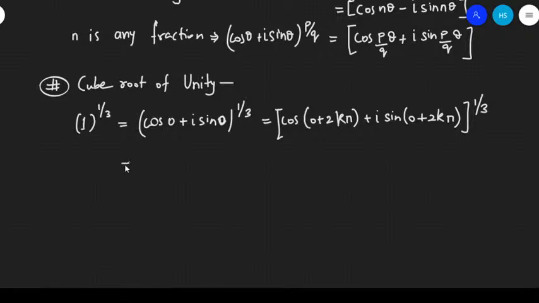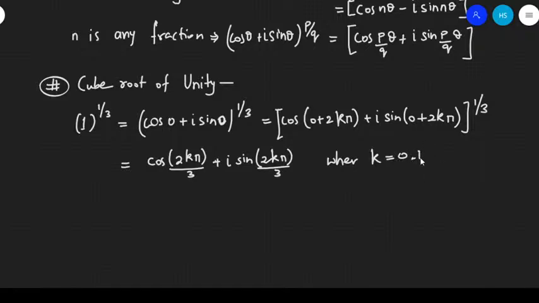So this can further be written by de Moivre's theorem as cos 2k pi divided by 3 plus iota sin 2k pi divided by 3, for any value of k, where k is equal to 0, 1 and 2.